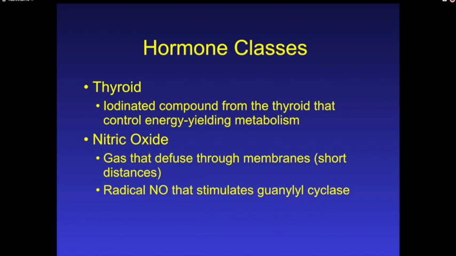There's one signaling molecule in the body, nitric oxide or nitrogen monoxide. It is a gas, which is, we've never seen a gas as a stimulant before, but it diffuses through the membranes. It's nonpolar. It can work through short distances, and the radical NO stimulates guanylate cyclase.